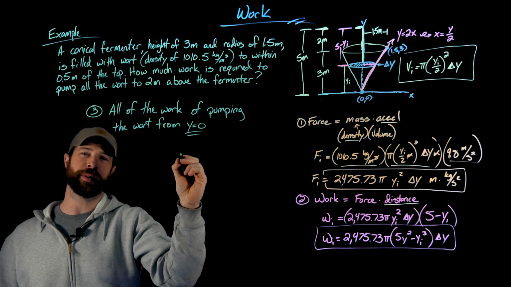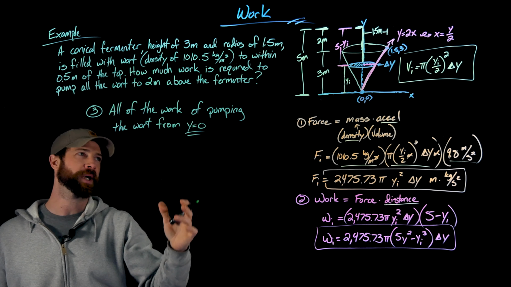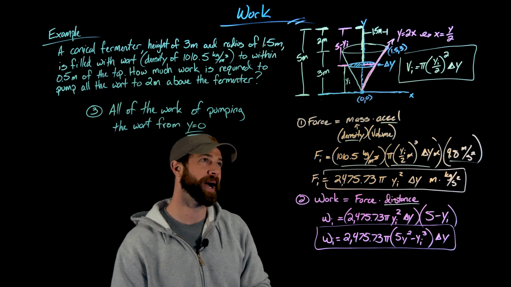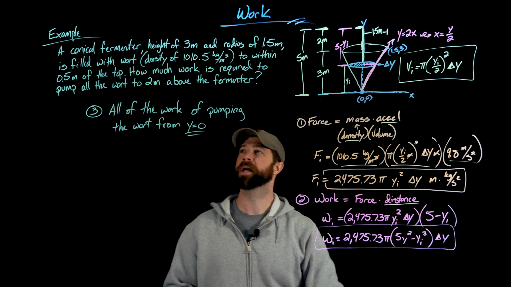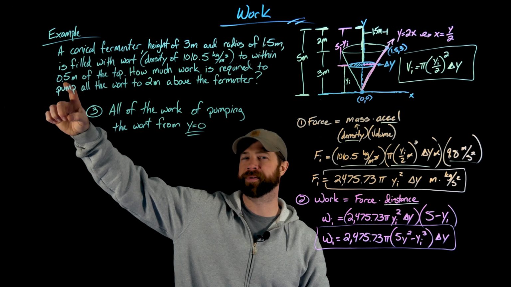Now this is an important thought right here. What I'm looking for, my bounds, is where this wort is. If I go back up to this original picture, importantly is this statement right here of 1.5 meters from this top.